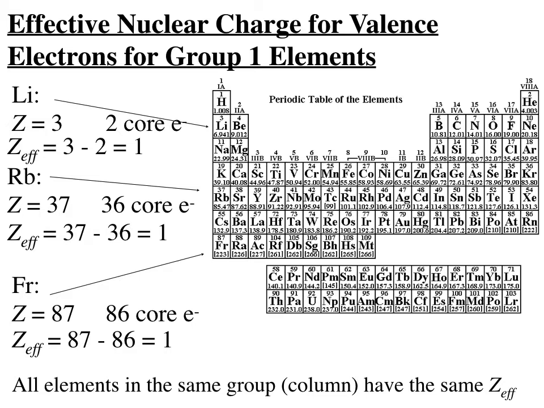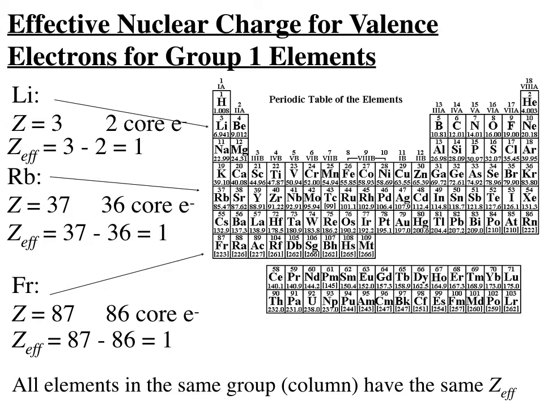Oxygen is element 8, and oxygen has a total of 8 for its Z value, and it has 2 core electrons, because only row 1 is completed above it. So Z effective of the 6 valence electrons for oxygen is 6.